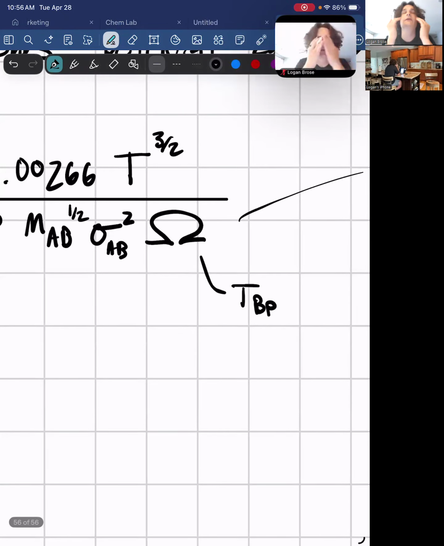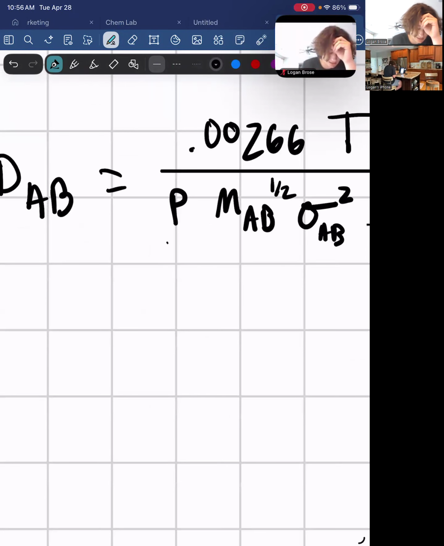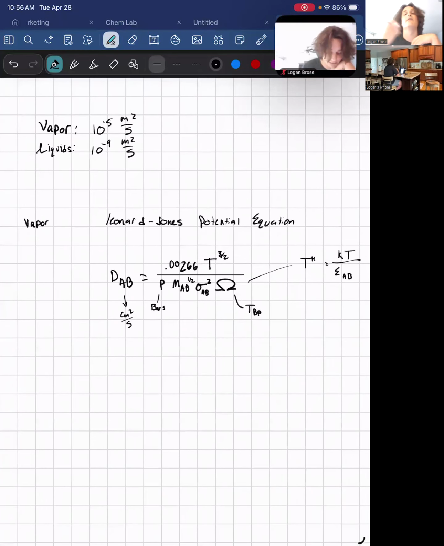So this equation can be used to determine the diffusion coefficient for vapors. What you have to look out for is our units. This is going to be in bars, and this will often be in centimeters squared per second, instead of our meters squared per second.